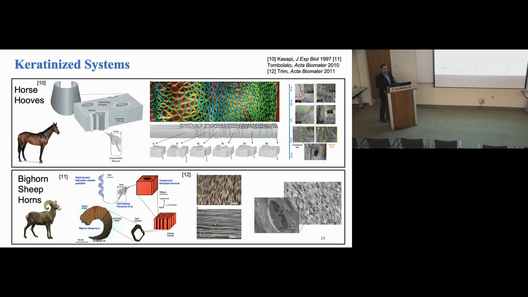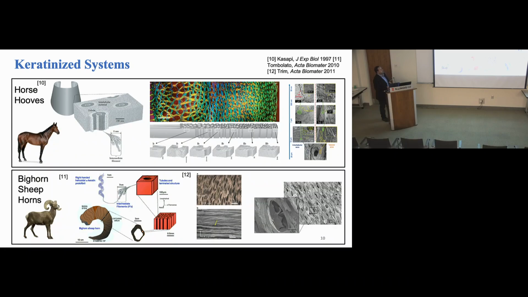So to give you a little bit of an idea about what the horse foot or horse hoof is made of: it's mainly made of keratin, like hair. And when you go through the papers or review papers about the keratin system, you will find the majority of them almost the same, very close to each other.